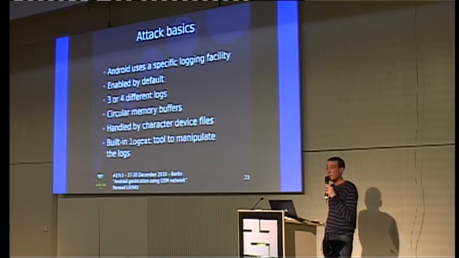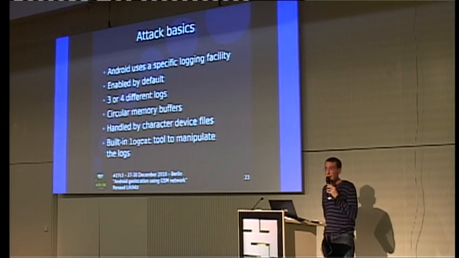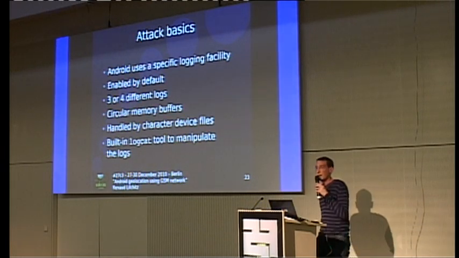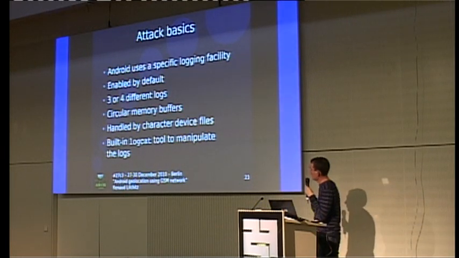These log files are actually handled by character device files, like character device drivers in Linux, right? So character device drivers are not easy to handle. So there is a built-in tool in every single Android phone, which will help us, fortunately, to manage these logs and to read these logs. The tool is the logcat tool.